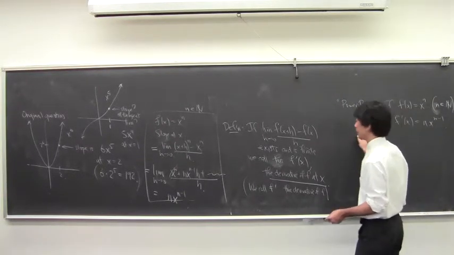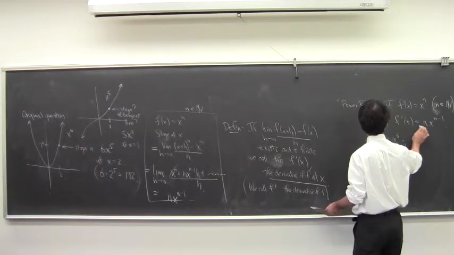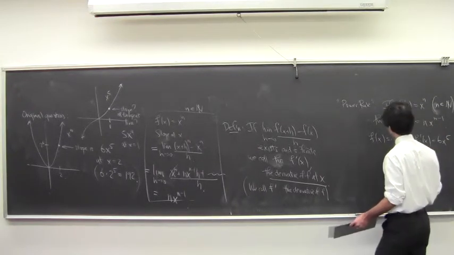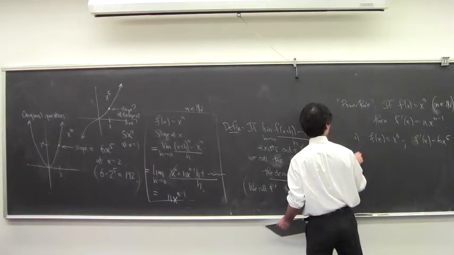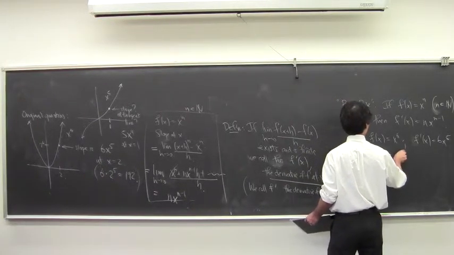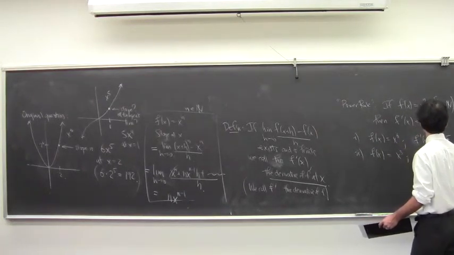So what we said, if f of x is x to the 6th, then f prime x is 6x to the 5. That was one example. If f of x is x cubed, then f prime x is 3x squared.